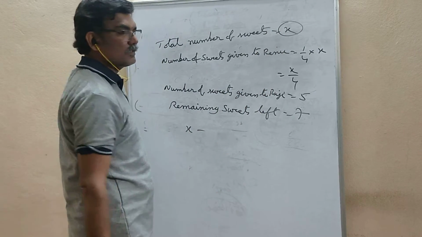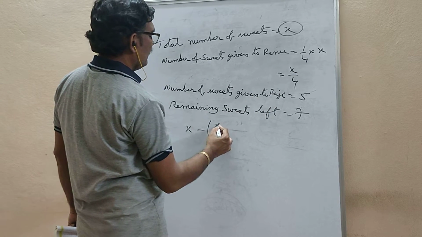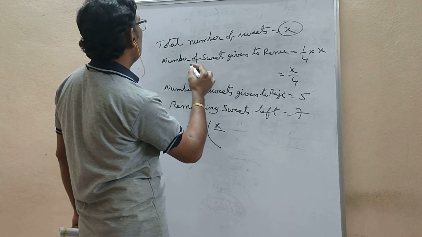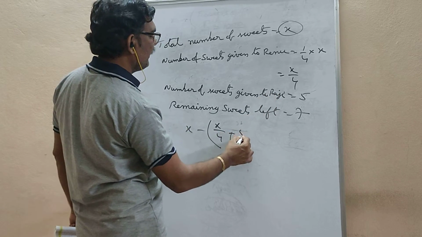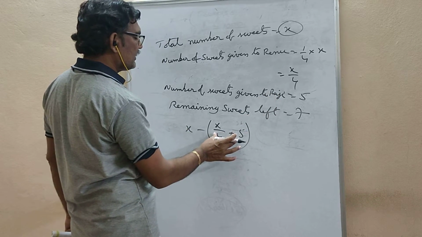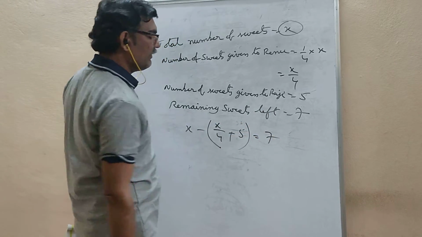From this, what do you have to do? Subtraction here. The sweets given to Renu, and this 5, if you add these two, they were already given from this only. Remaining how many? 7.